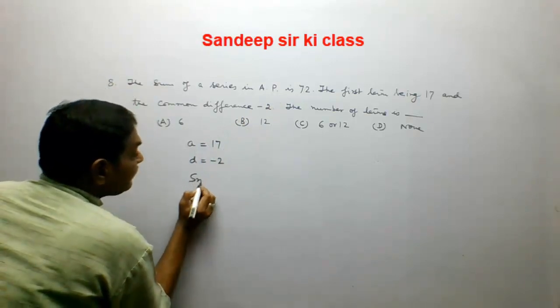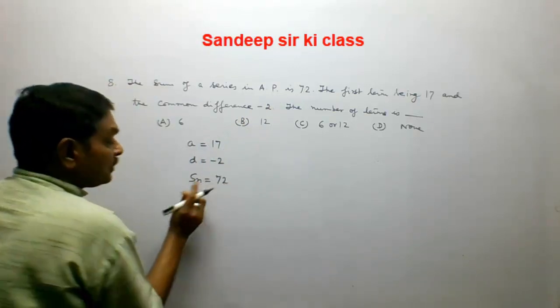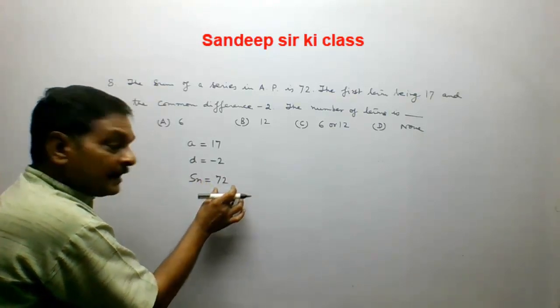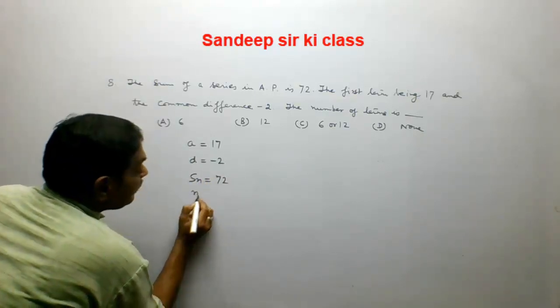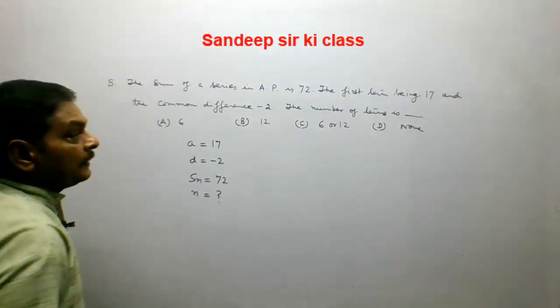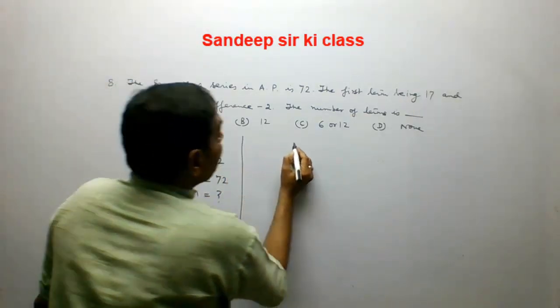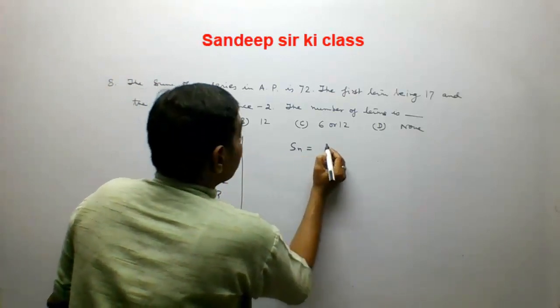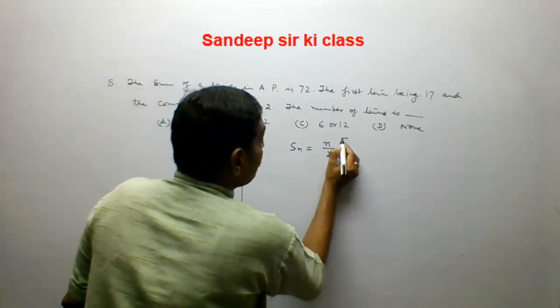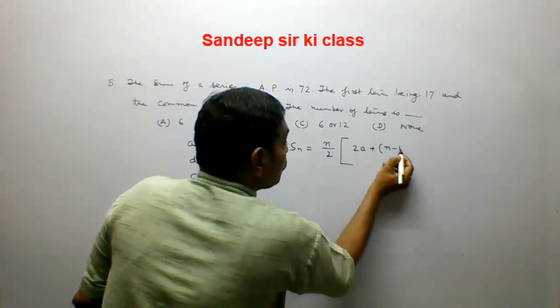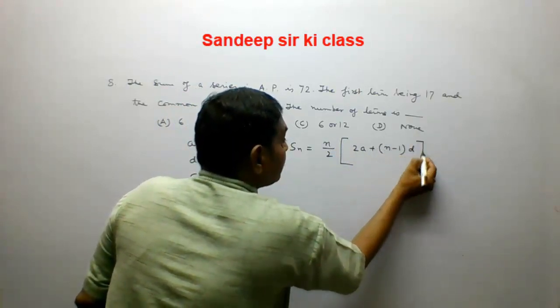Sn, the sum of first n terms, is given as 72. We have to find the value of n, that is the number of terms. Now we have the formula Sn is equal to n upon 2 within bracket [2a plus (n minus 1) into d].